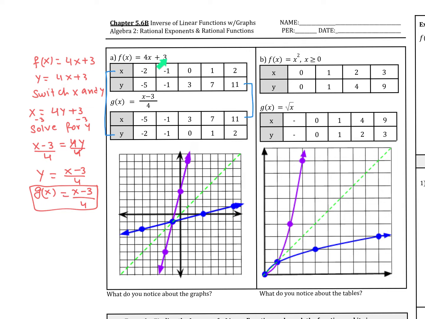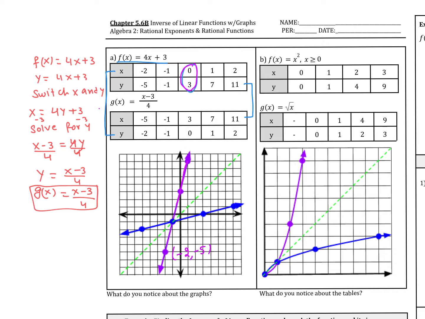So 4x plus 3 means that this has a y-intercept of 3. The graph you get from this equation is this graph right here. You can compare to see if this is actually the graph for this function. The first point is -2, -5, which is this point right here.